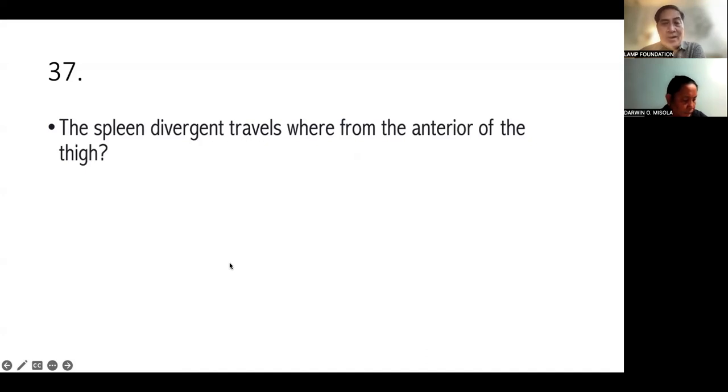From the anterior of the thigh, in the middle, where does it go? It connects to the abdomen in the inguinal region, then to the throat, then enters the tongue. Right? Good. In fact, if you have a very effective treatment, you will notice right after the session that the coating of the tongue improves. It becomes thinner. You'll be amazed.